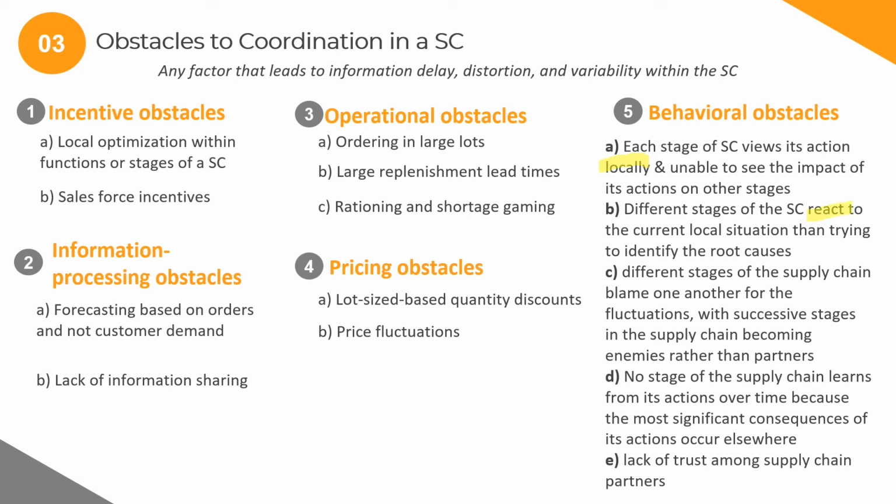The third one is where the different stages blame one another for the fluctuations, and then they become enemies rather than partners. The fourth one is that no stage of the supply chain learns from its actions over time. And the fifth one is the lack of trust among supply chain partners.